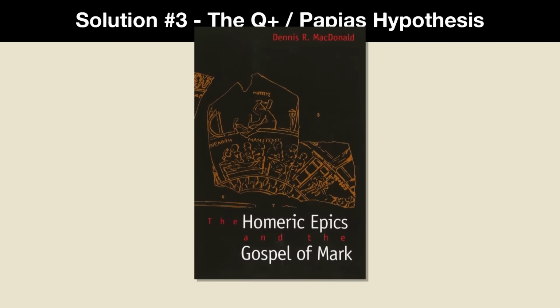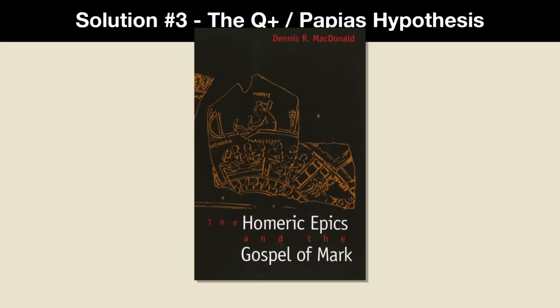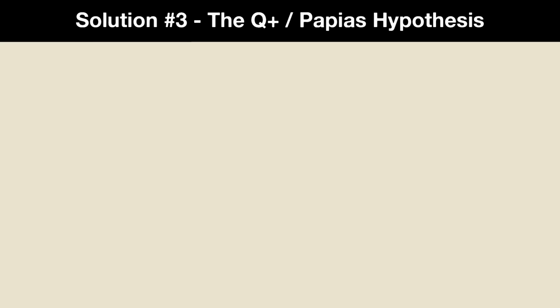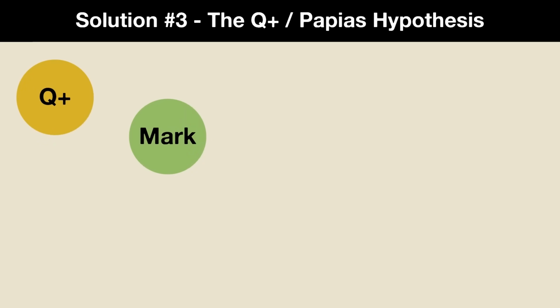MacDonald is also known for putting forward the idea that the Gospel of Mark was modeled on the works of Homer. Like the two-source solution, this hypothesis holds that Q and Mark were written first. However, it differs in that it posits that Q was written before Mark and that Mark had access to it. This is why we get the term Q+.